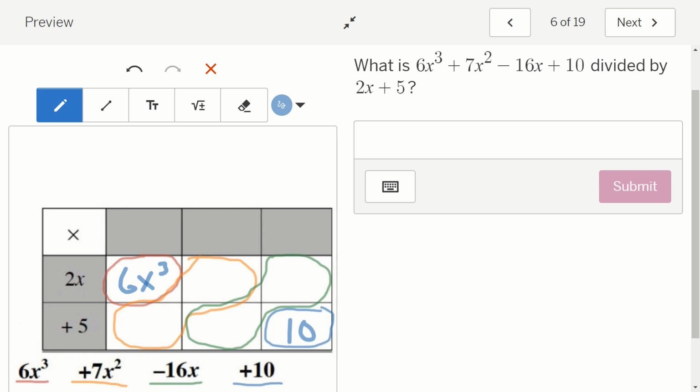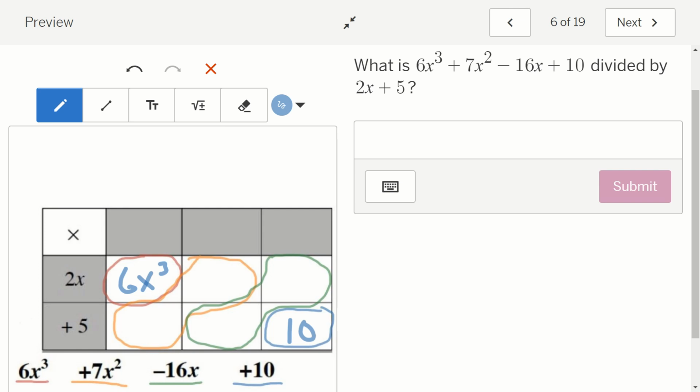The 6x to the third was colored in red and they circled that box in red. But again, if you've done a lot of multiplication with the area model, then that starts to become intuitive. You know that is how the multiplication works when it is in order, which almost all the time it is, with decreasing exponents.